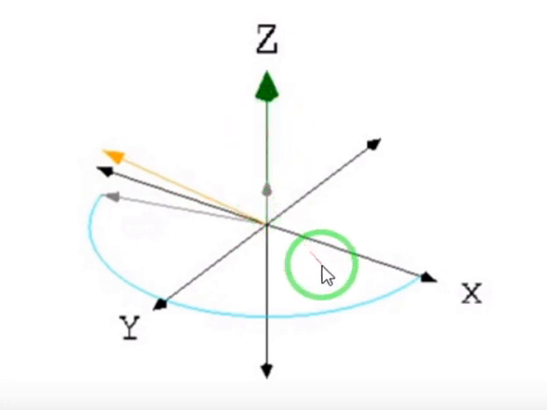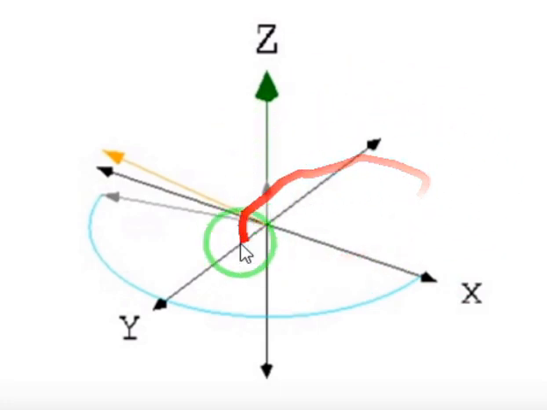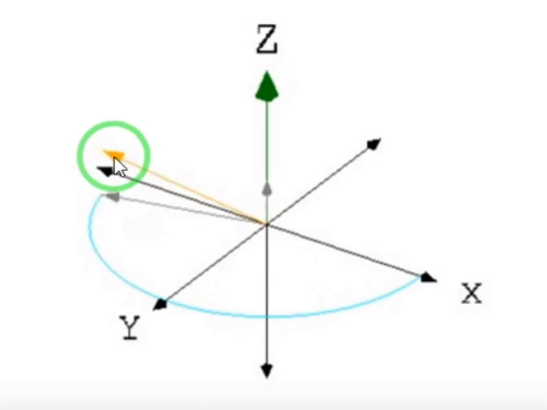So when the radio frequency is applied and the magnetic spin is disturbed, it will tend to again align itself with respect to the magnetic field.